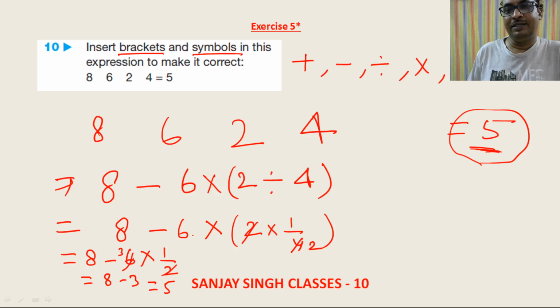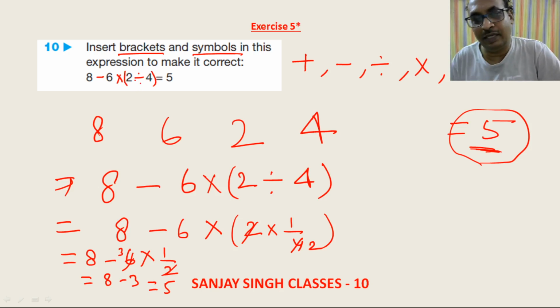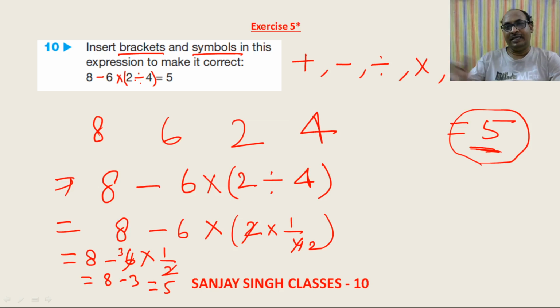So we will put minus here, into here, the bracket here, and division here. In this way we will get the answer. So we need to put brackets and symbols, and you can adopt the trial and error method.